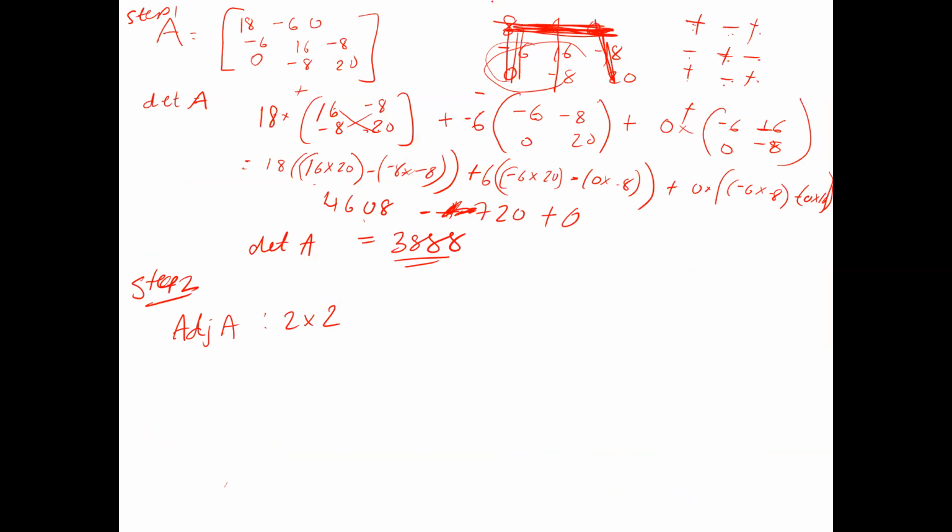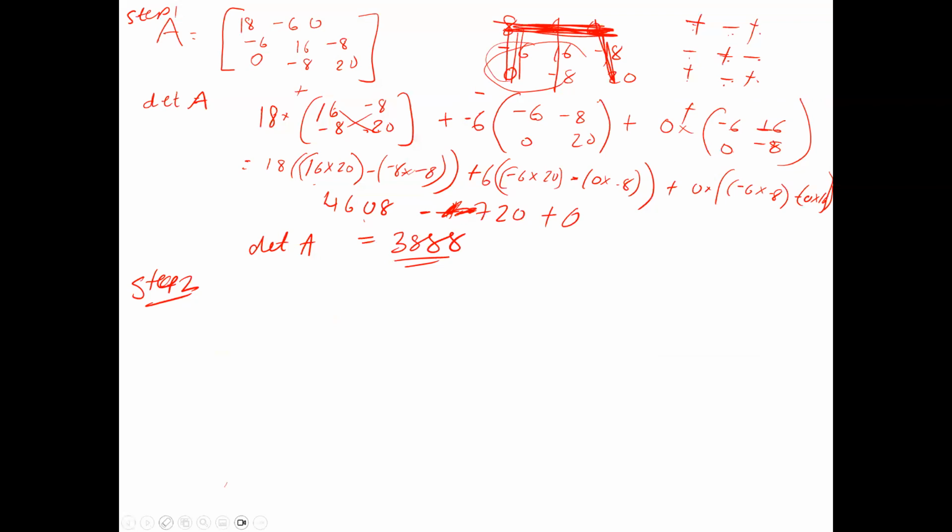From that, we have written this table, and what we can do now is, for the first one, the top one, we can cancel this row and this column, so that it will be 16, minus 8, and then minus 8, 20. So the 2 by 2, let me just get more space.